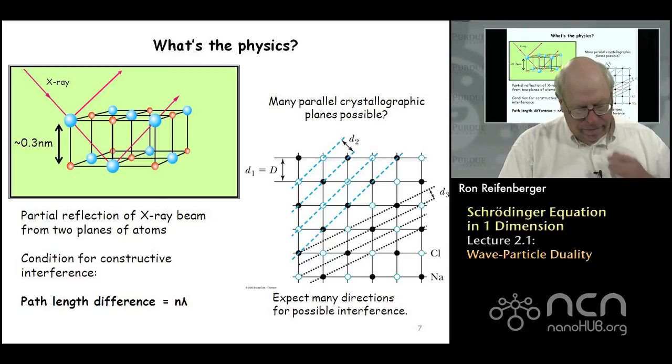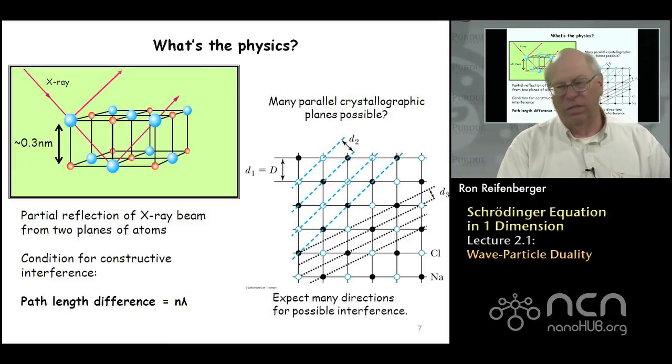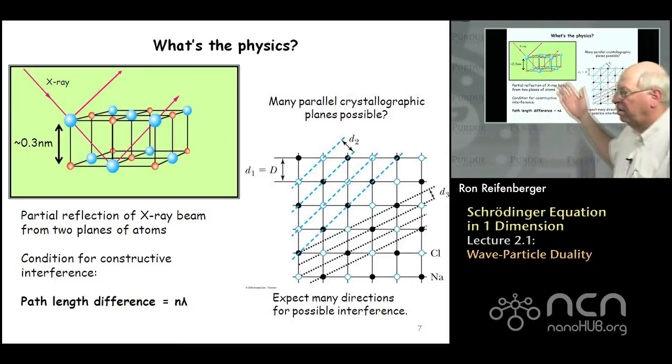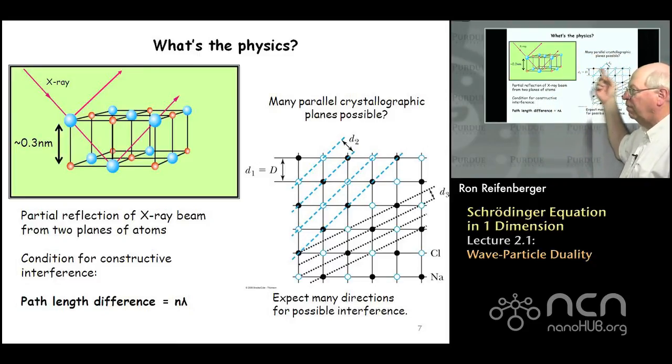So the difficulty with the X-ray experiment, of course, is that there are many crystallographic planes that are possible. If I just sketch out in 2 dimensions positions of atoms, there could be a plane of atoms designated by the topmost plane and the second plane, as I've indicated here, but there's also possibilities of multiple planes at different angles with respect to this obvious location of the first 2 planes.